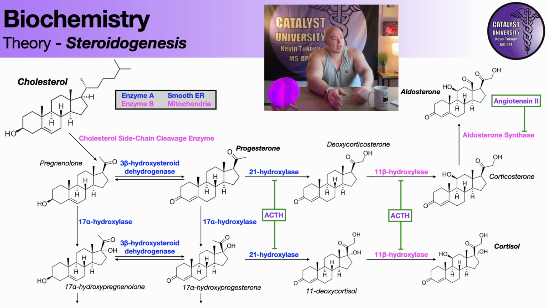Now, jumping a little bit ahead here, if you look at this bottom row of enzymatic reactions, this leads towards cortisol production, and the one on the top leads towards aldosterone production, just so you know where we're going. If you're a cell type that synthesizes cortisol, so the zona fasciculata of the adrenal cortex, you want CYP17A1 to be expressed because that's the only way you can get 17-alpha hydroxylase.